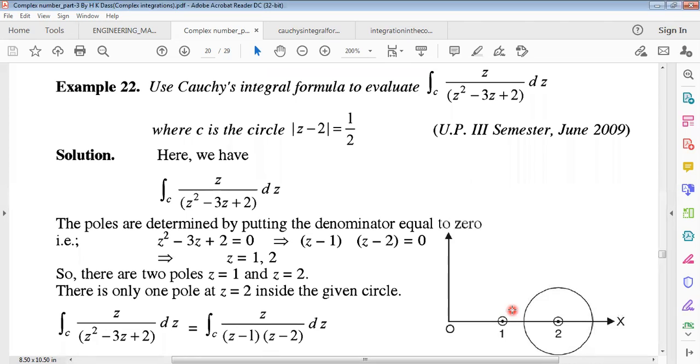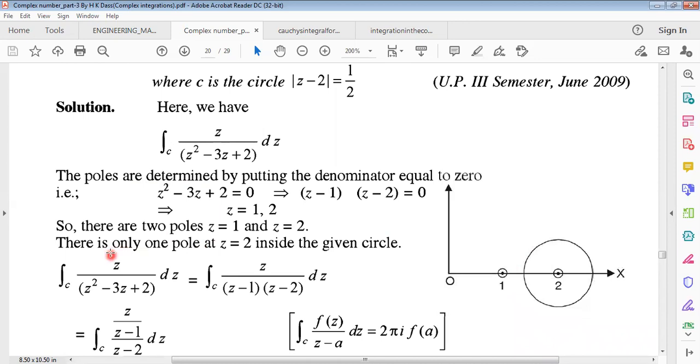Remember it. We have drawn this given circle, where the center is 2, 0 and the radius is half. So the pole z equals 2 is inside the circle, and z equals 1 is outside the circle. Remember it. So there are only two poles, and only one pole, at z equals 2, inside the given circle.